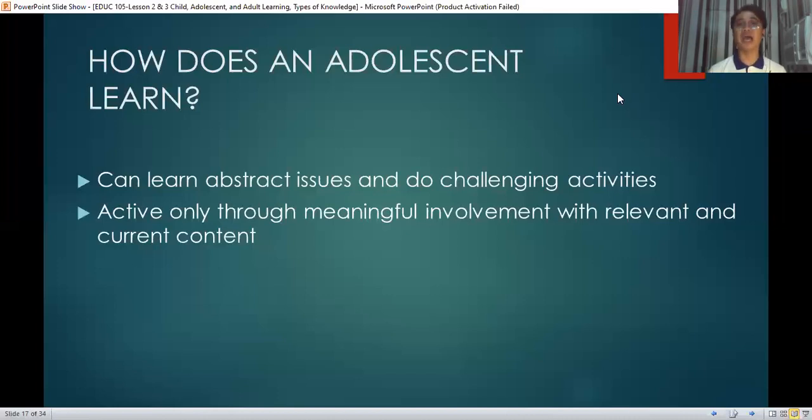Okay, that's why what we need to do is to provide this adolescent learners the insights, okay, the relevance of what we are teaching. Okay, if they found relevance to what you are presenting to them, okay, they will definitely become active.